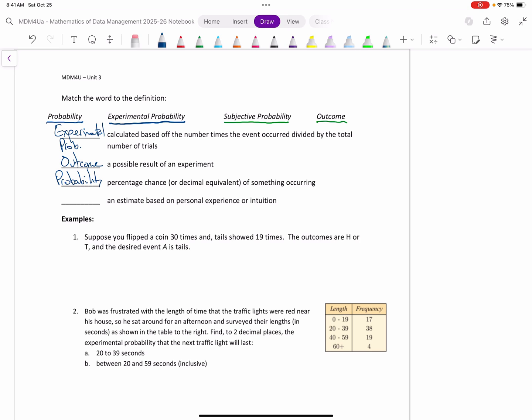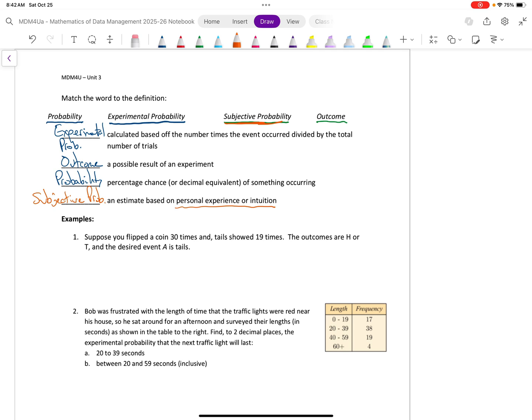And the last one, this one we're not going to talk a lot about, but it does exist. This is subjective probability, which is an estimate based on personal experience or intuition. So subjective probability really fits into situations where you can't necessarily run trials and you can't just count the number of ways something can happen.